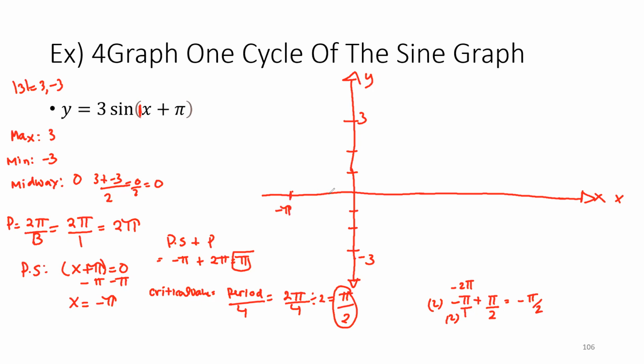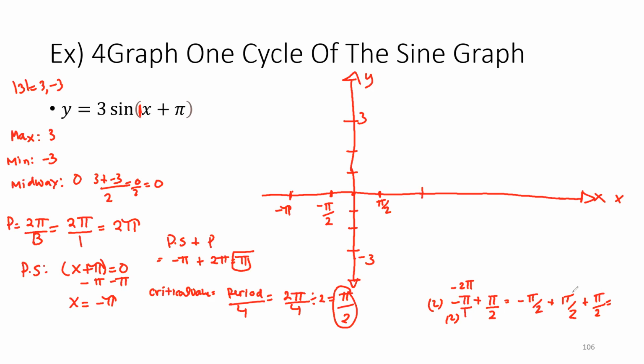So you start at negative pi, and then your next one is at negative pi over 2. And then you keep on adding pi over 2. So it's 0, and then pi over 2, and then add another pi over 2.